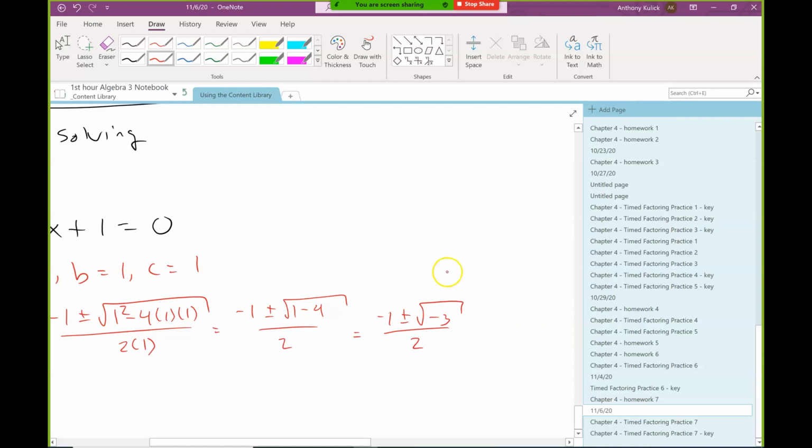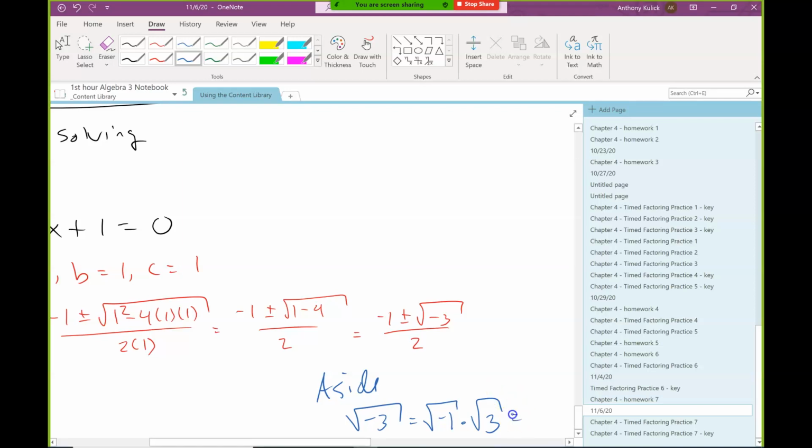We can fix that. So note that, actually, let's do it over here. Square root of negative 3 is the same thing as the square root of negative 1 times the square root of 3, right? Everybody okay with that notion? Remember when we talked about the properties of square roots last time? This was one of them that we used.